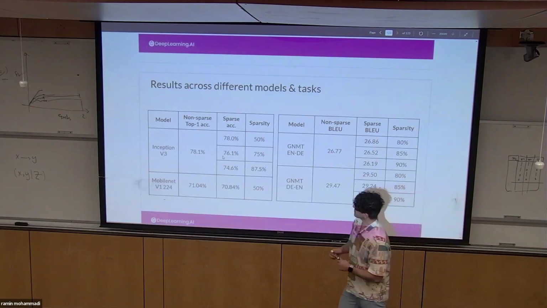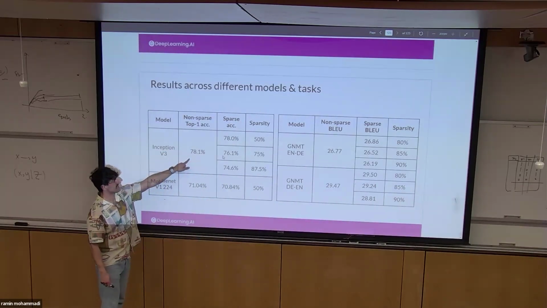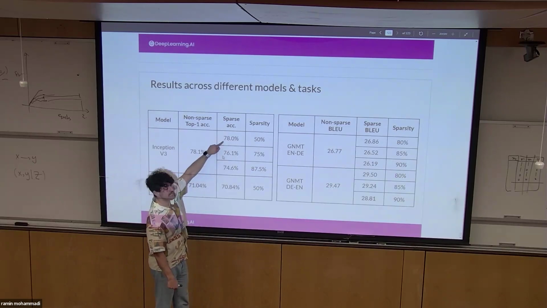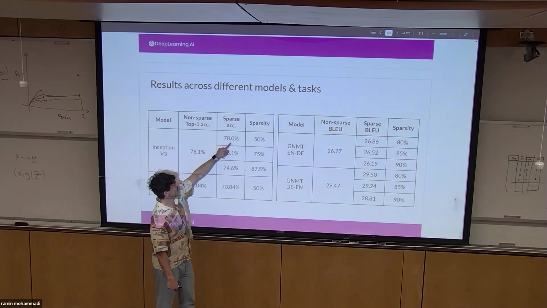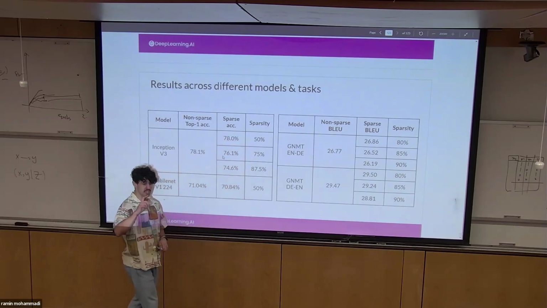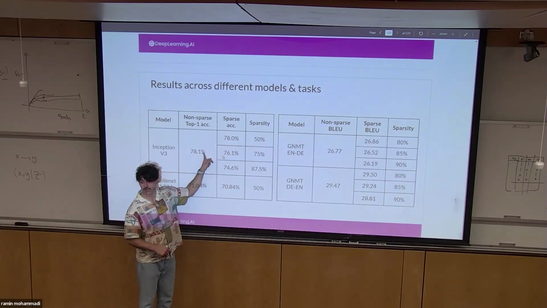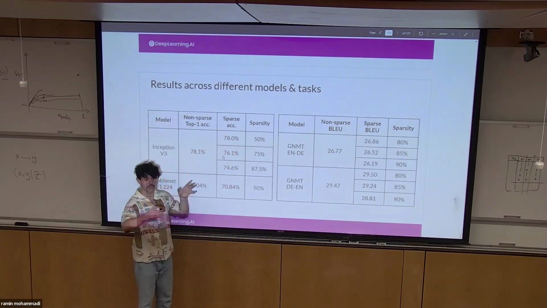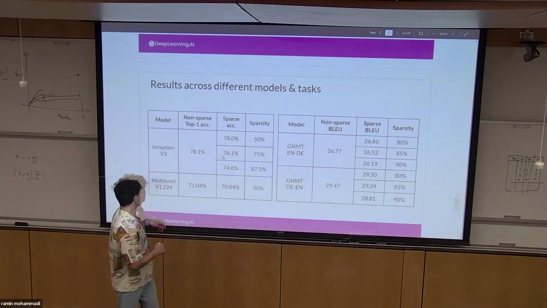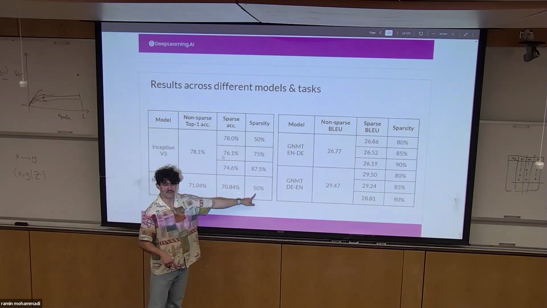For example, Inception, the general one has 78%, and it still gets almost the same score, but look at the percentage of sparsity. You reduce this model almost by half, and you still have the same accuracy. These are large models. And MobileNet, you also go to half, right?